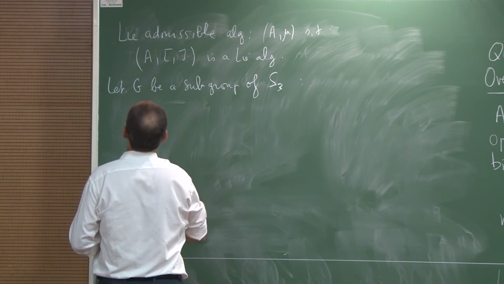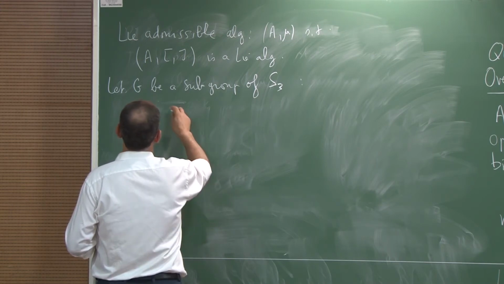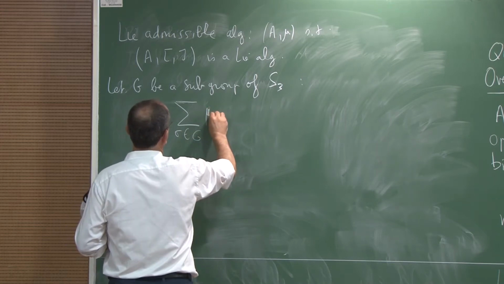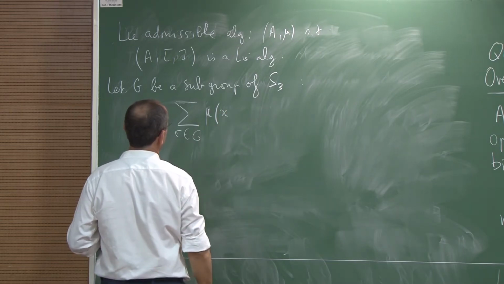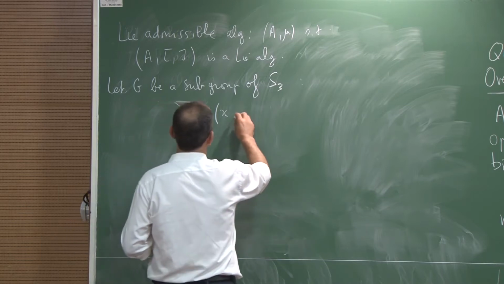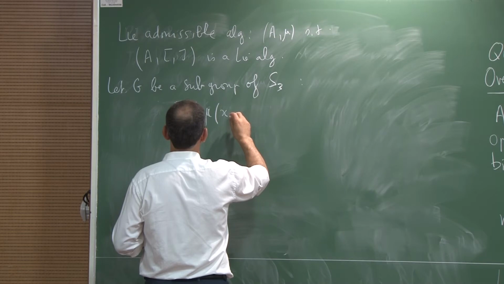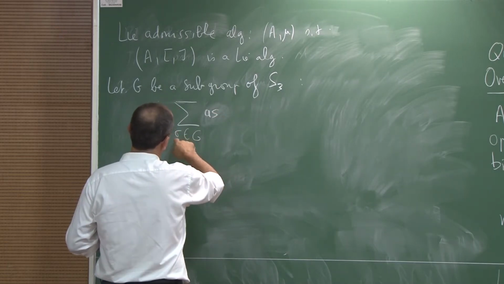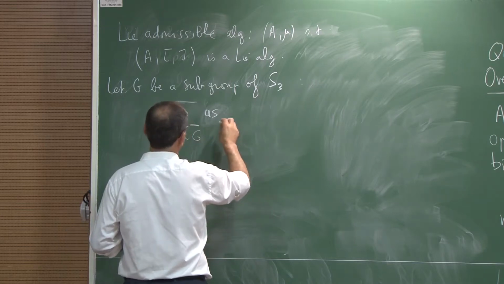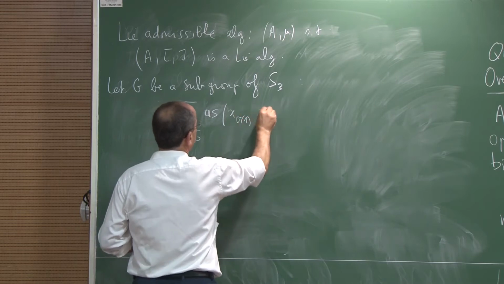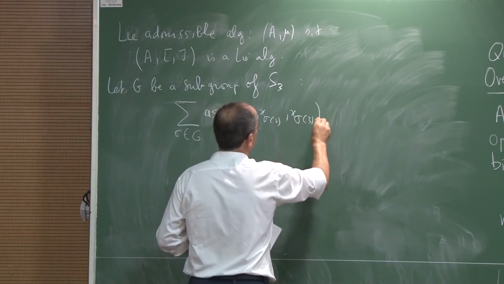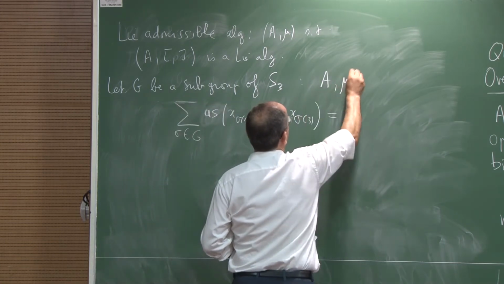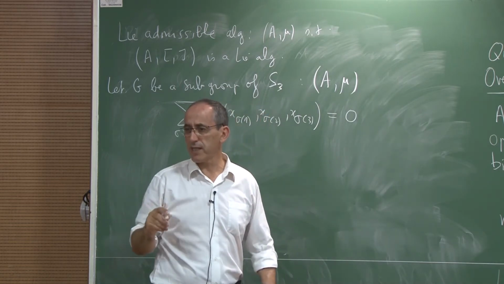a sum over sigma belonging to G of mu. Now if your algebra multiplication satisfies that the sum of the associators of x sigma 1, x sigma 2, x sigma 3 equals 0, and of course here we have A with mu, where A is just a vector space and mu is an operation.